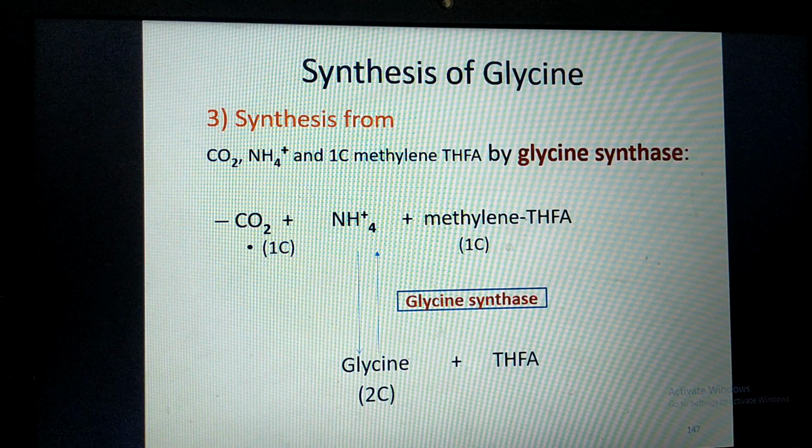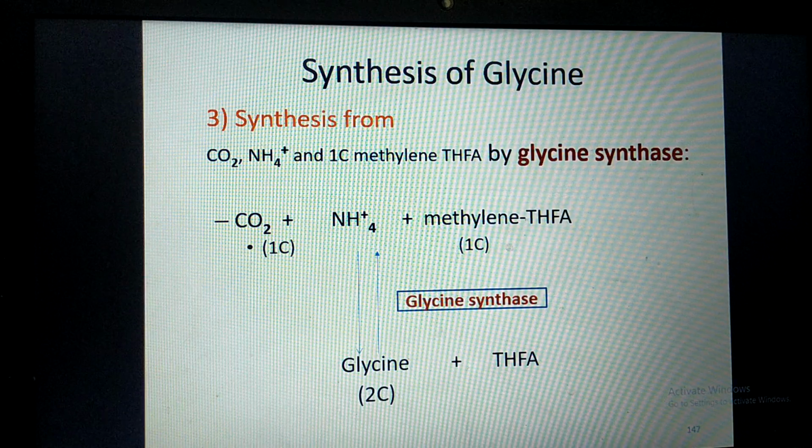Here the methylene group from tetrahydrofolic acid is added to the glycine and tetrahydrofolic acid is free. This reaction is a reversible reaction. During catabolism, the glycine is catabolized into these 3 compounds from which it is synthesized.